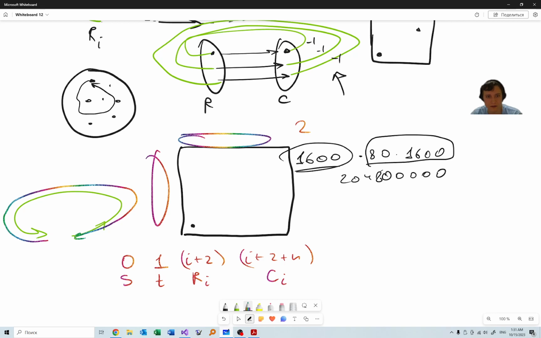Also, we have a source, we have a sink, and we need to add an edge.